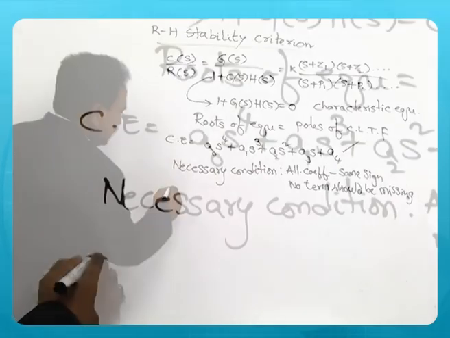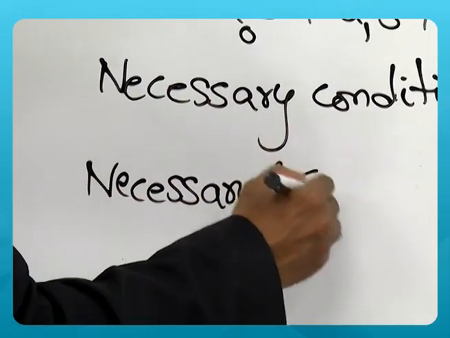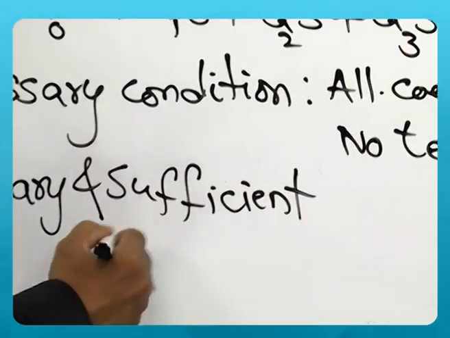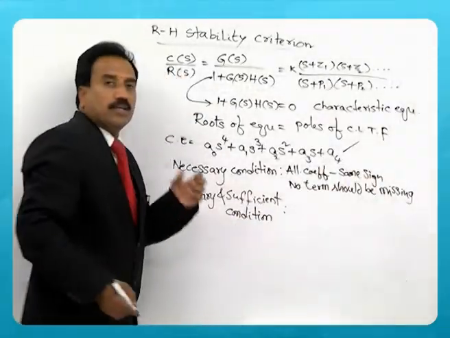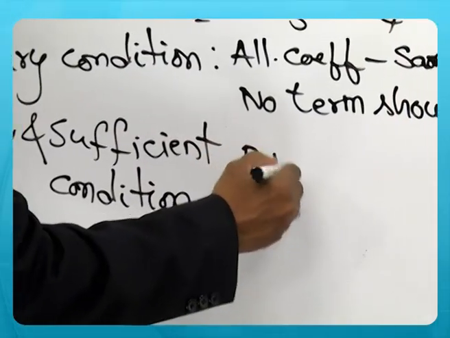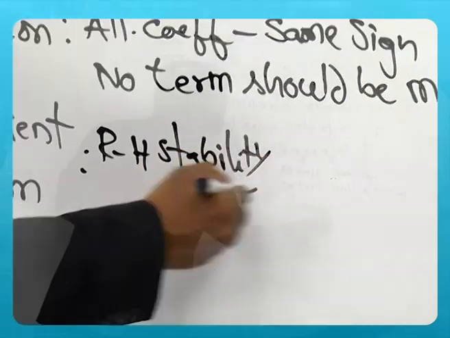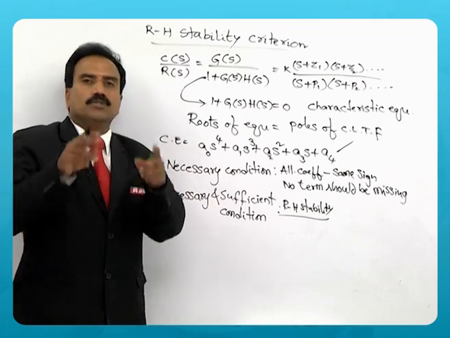Now necessary and sufficient condition. According to RH stability criteria, we need to form a Routh table.